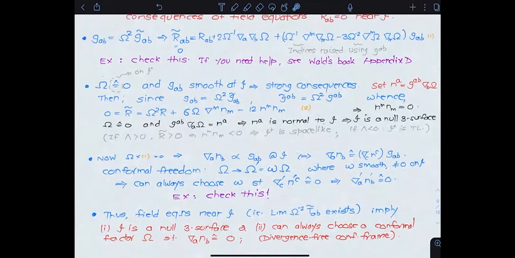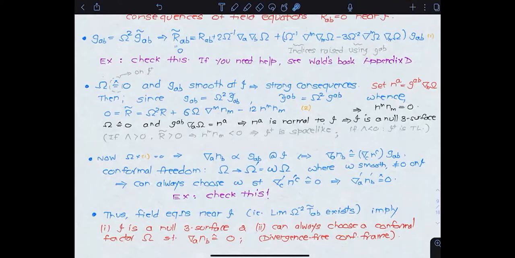So first of all, omega is equal to 0 at scri, and the metric g is smooth, and that has strong consequences. Let us suppose that we set n to be equal to just g^AB grad omega. This is also what we did for the Maxwell field.